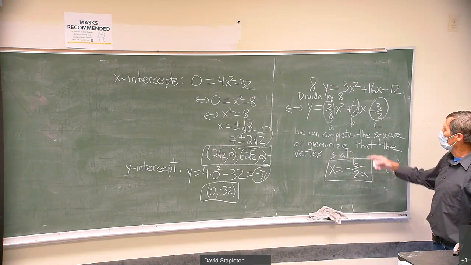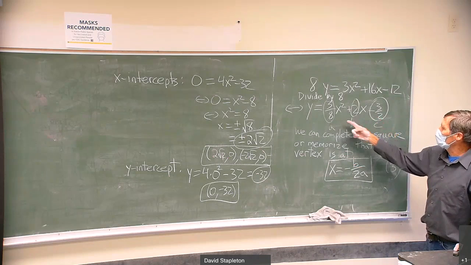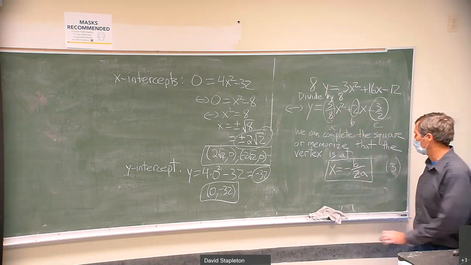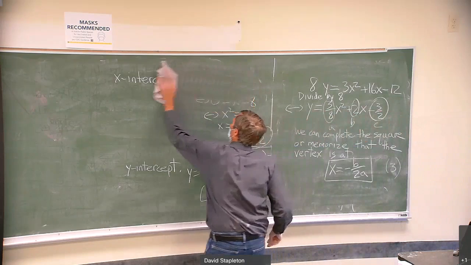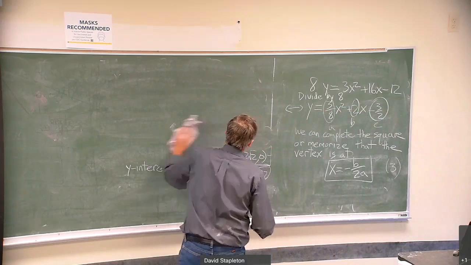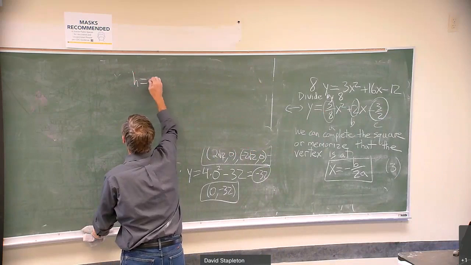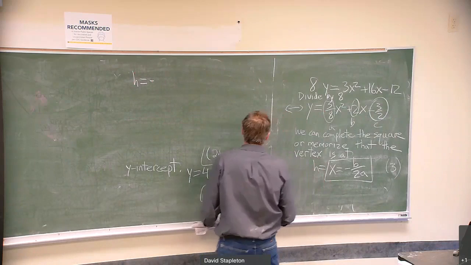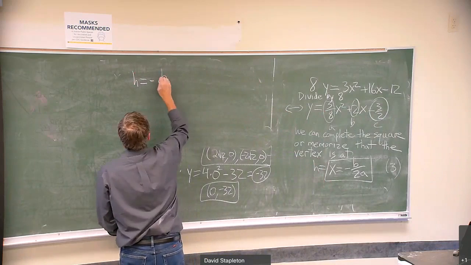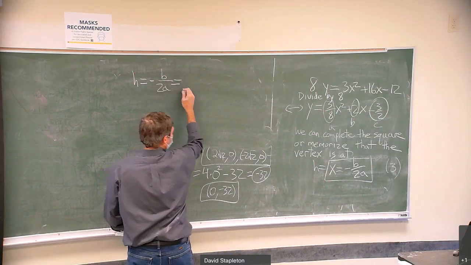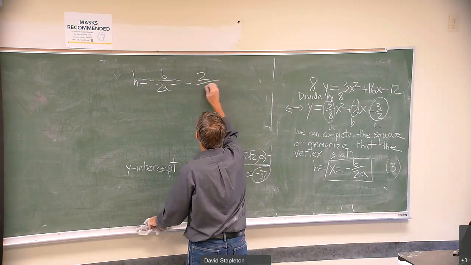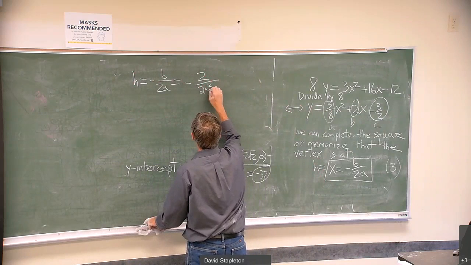All right. So in this case, once I put in y equals ax squared plus bx plus c, rather than complete the square, I'll do it faster. I'll just say it's minus b over 2a. So h, I put x or h, it's the same thing. h is minus b over 2a, which is minus 2 over twice 3/8.